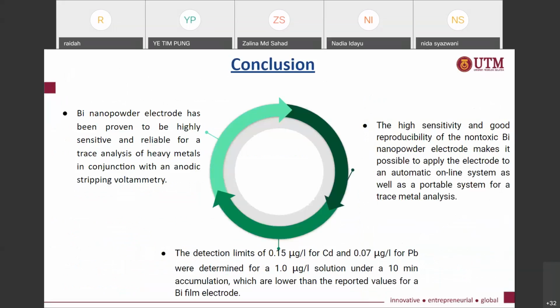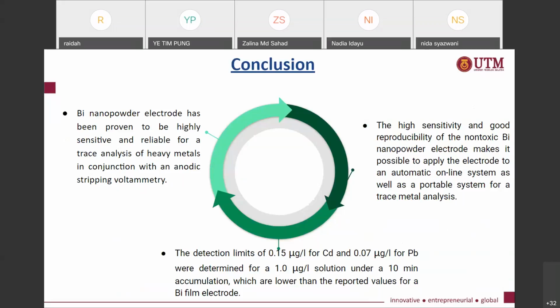So for the conclusion, the bismuth nanopowder electrode has been proven to be highly sensitive and reliable for trace analysis of heavy metals in conjunction with anodic stripping voltammetry. The high sensitivity and good reproducibility of the non-toxic bismuth nanopowder electrode makes it possible to apply the electrode to an automatic online system as well as a portable system for trace metal analysis.